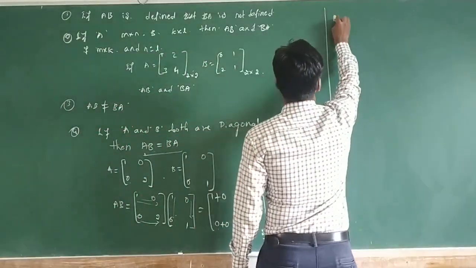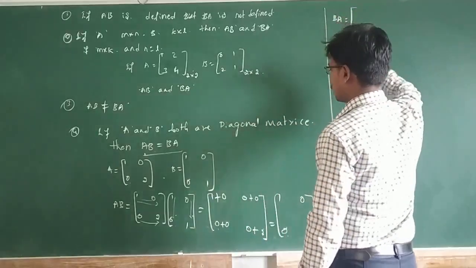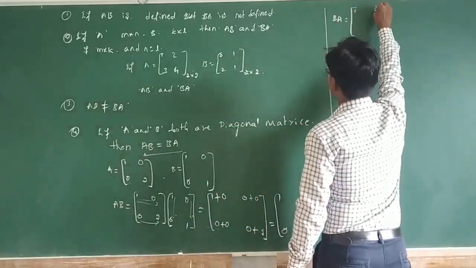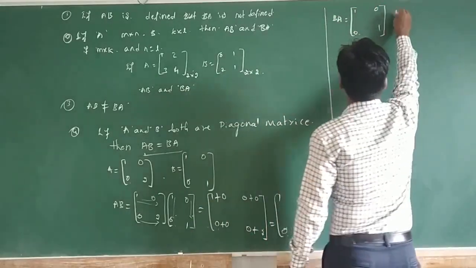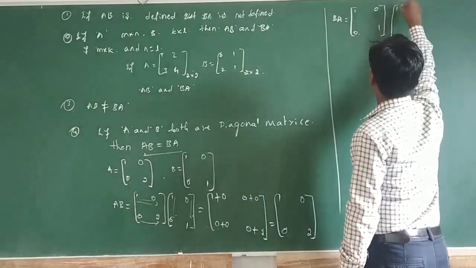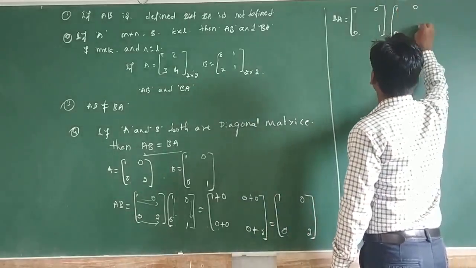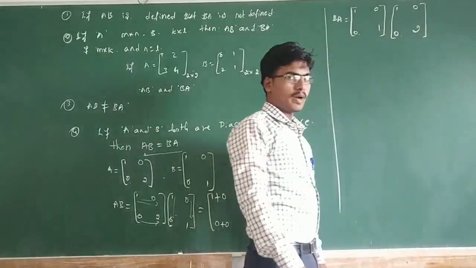Now find BA. Here BA is equal to matrix B, which is 1, 0, 0, 1. Matrix A is 1, 0, 0. Same procedure, multiplication of two matrices.